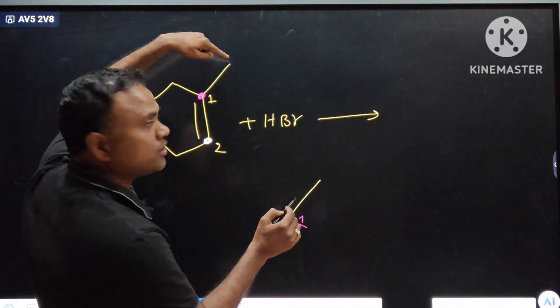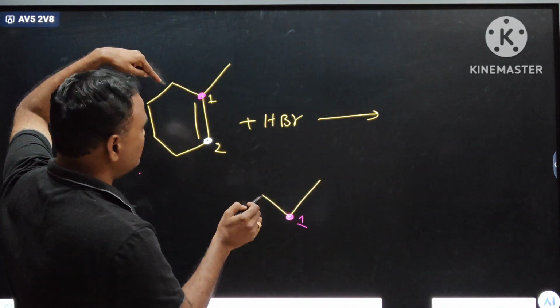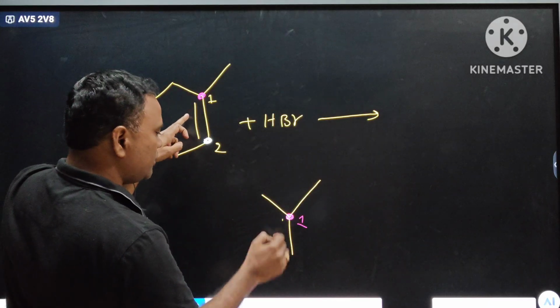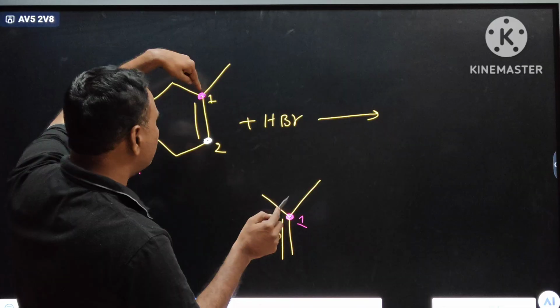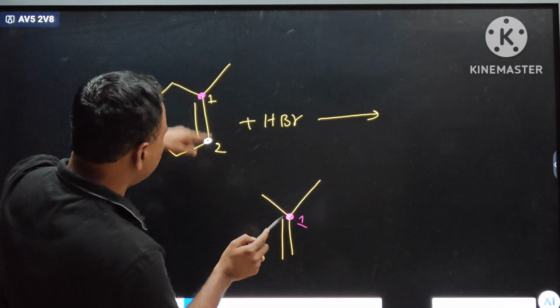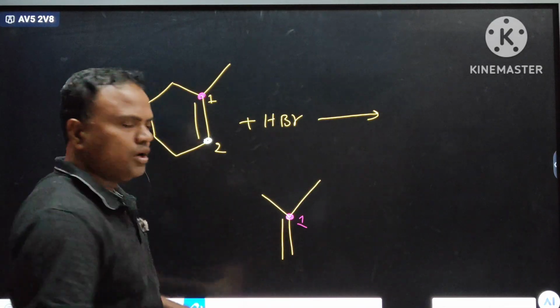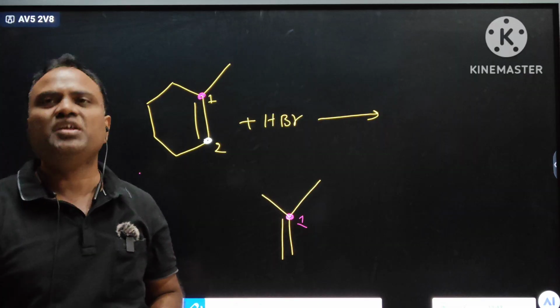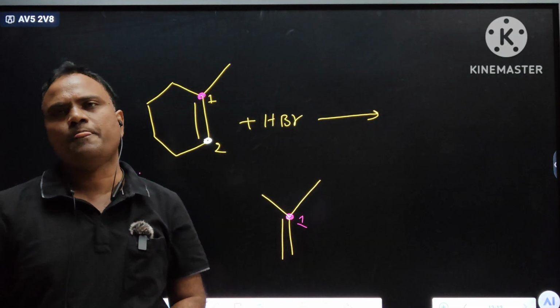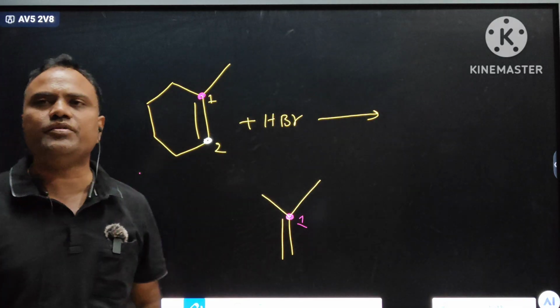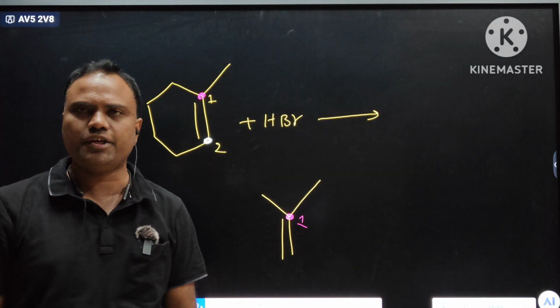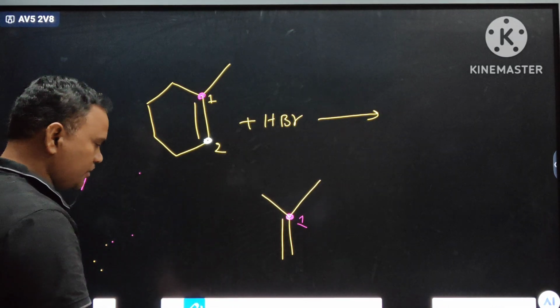Around this carbon: 1, 2, 3 and 4. Already 4 bonds are present. Is there any hydrogen? No. Its valence is already completed. So the first carbon has 0 hydrogens.